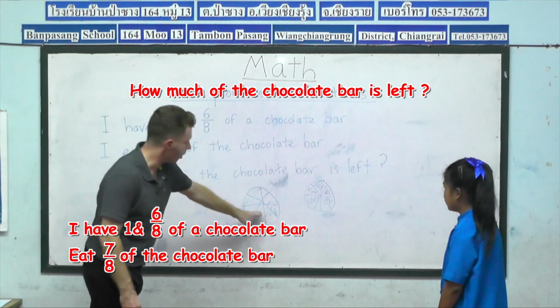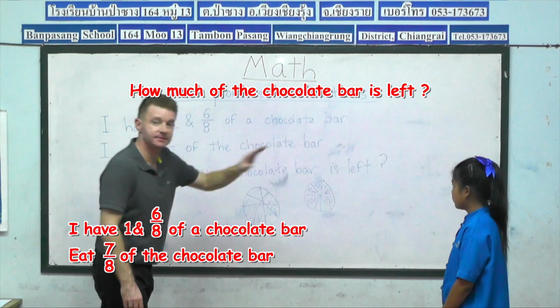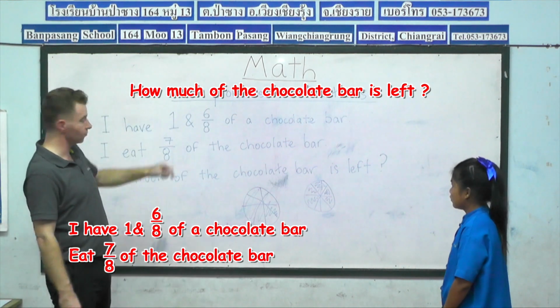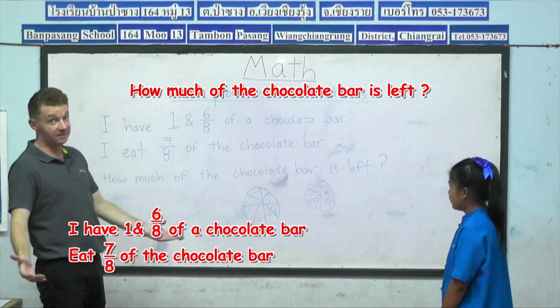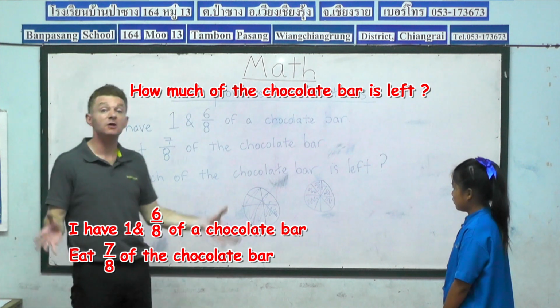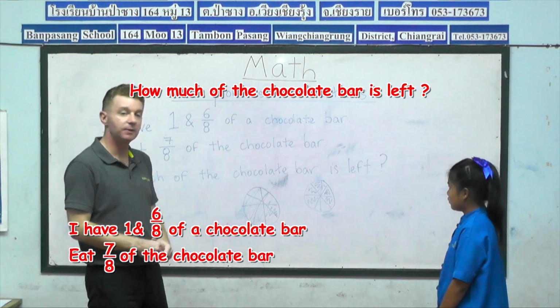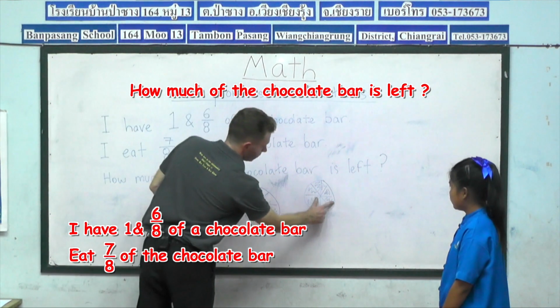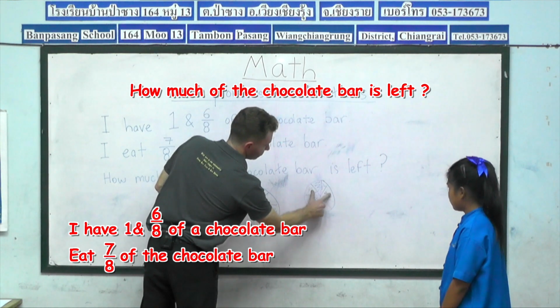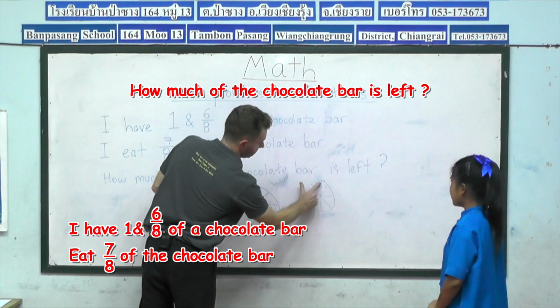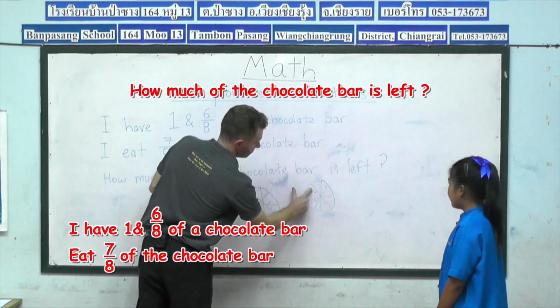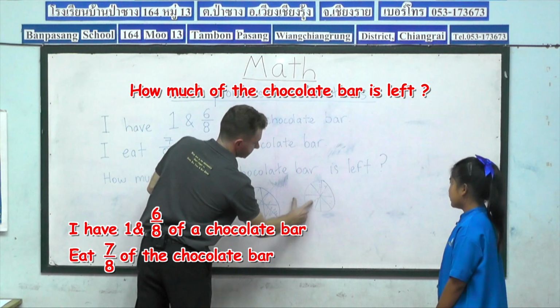Excellent, Lakau. So you see now, we've done a diagram of the fractions that represent the amount of chocolate we have. 1 and 6/8. Well, how much chocolate do we eat? 7. Okay, so what we need to do is subtract. Let's take away the pieces of chocolate. 1, 2, 3, 4, 5, 6.